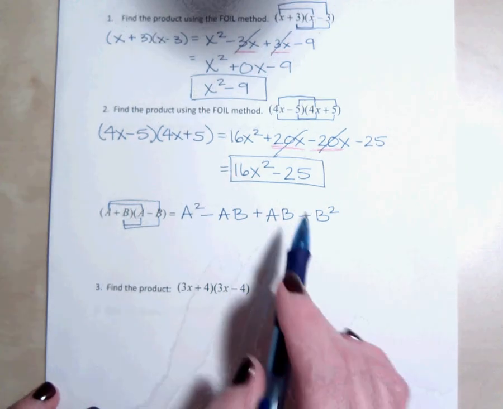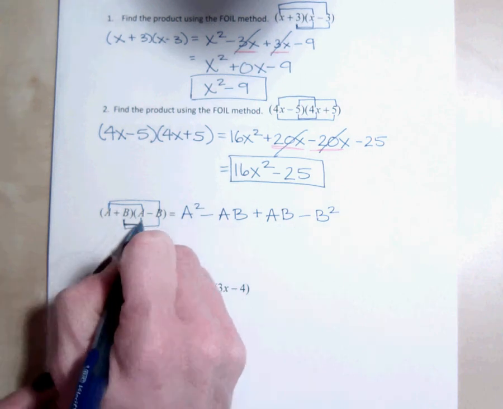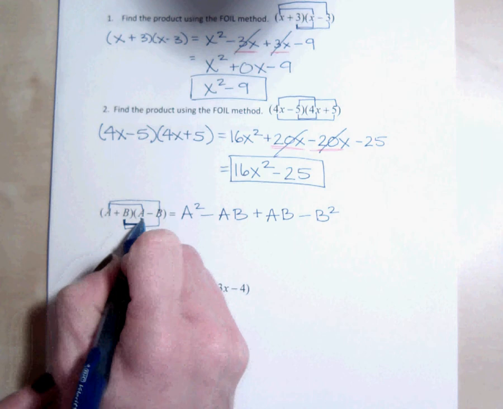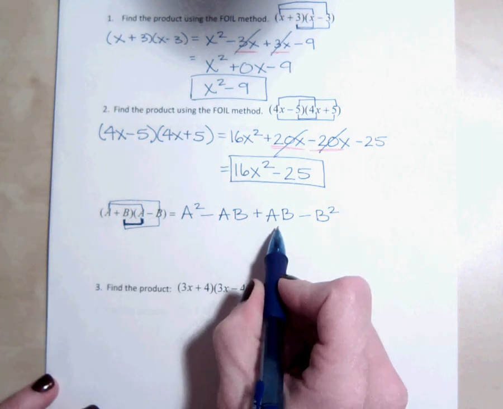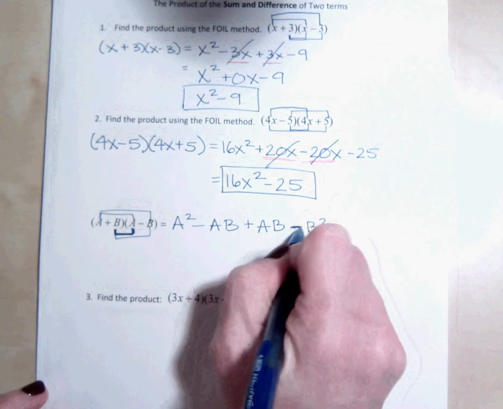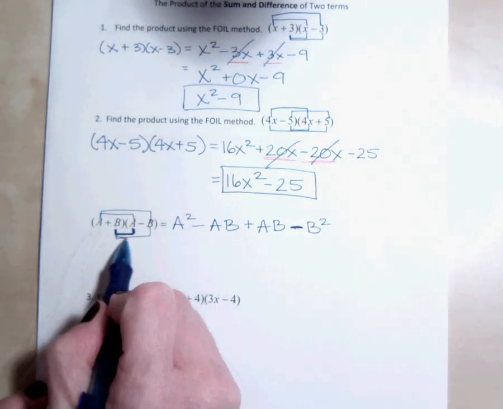First of all, when I do the inside, it might look like b times a, and you might want to write ba, but that's the same as a times b, ab. Multiplication is commutative, so I could write it as ab or ba. And right here, make sure you realize that that is a minus, because you're doing a positive b times a negative b.